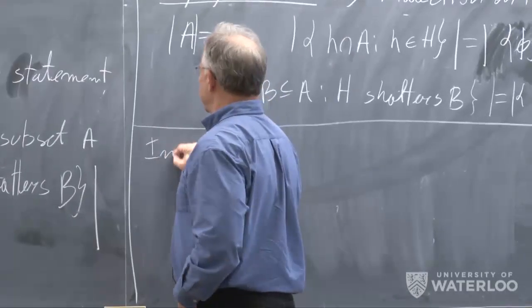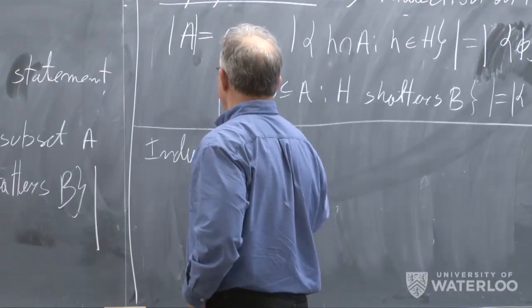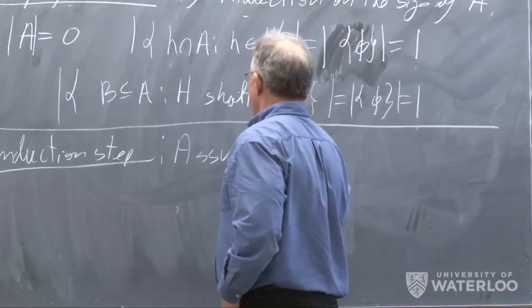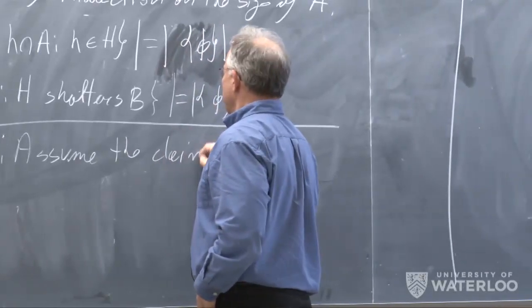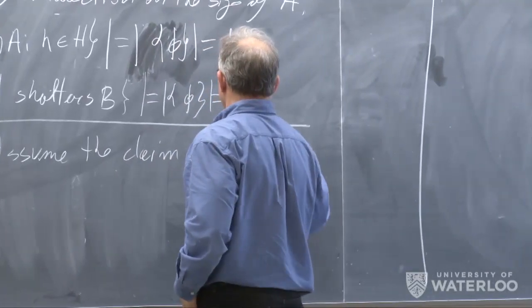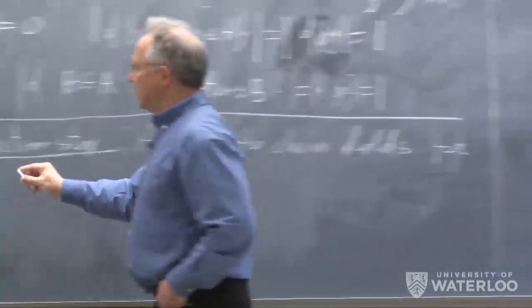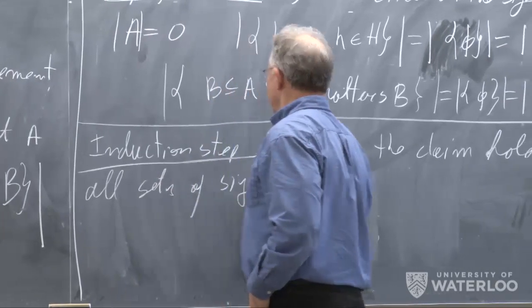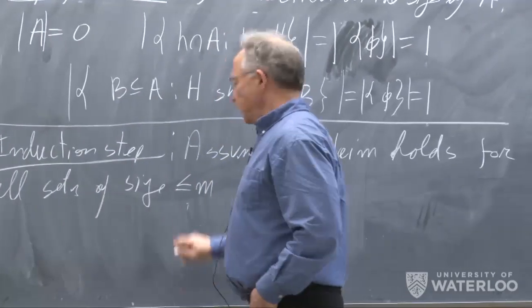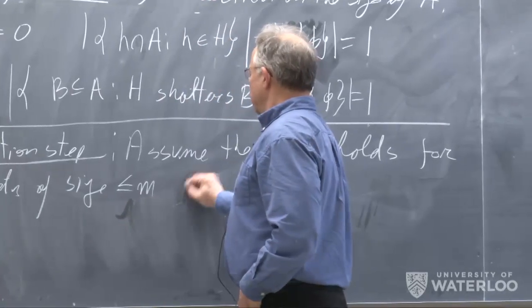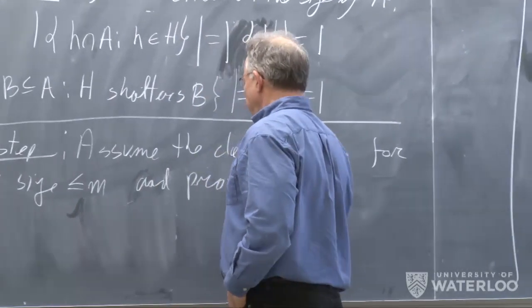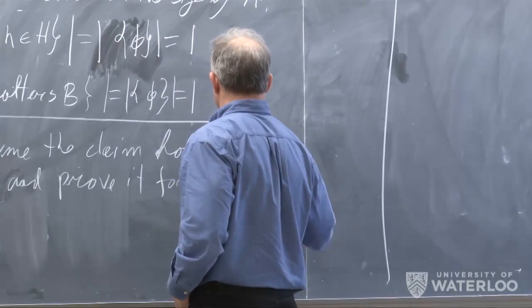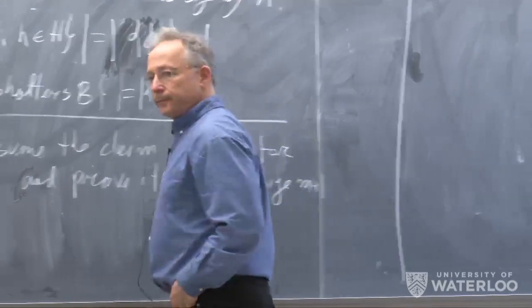So for the induction step, assume the claim holds for all sets of size at most m, and prove it for A of size m plus 1. That's the induction.